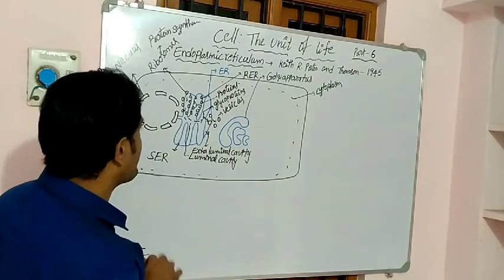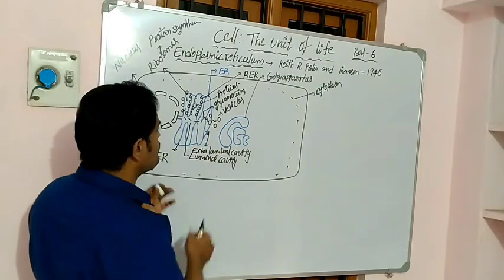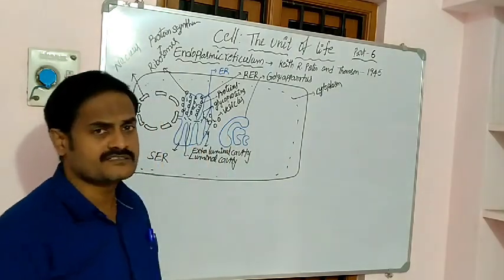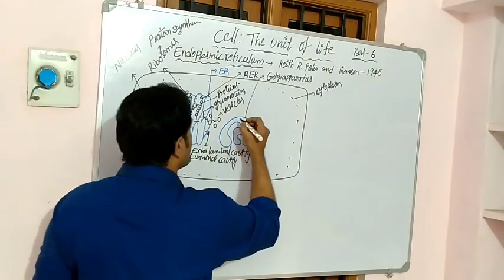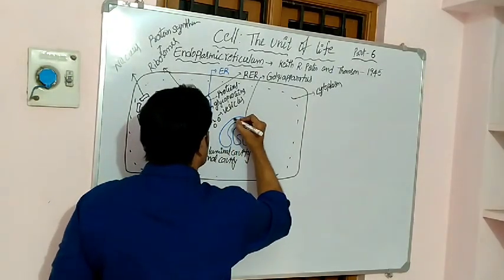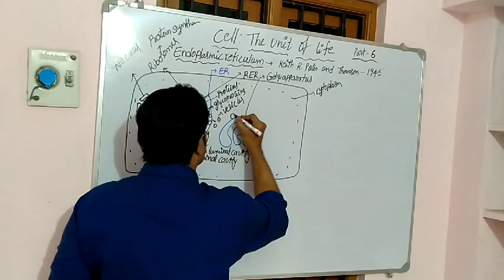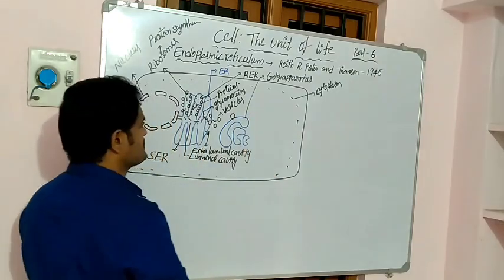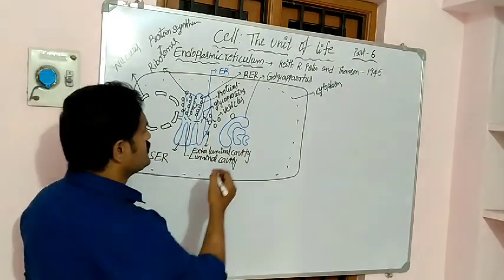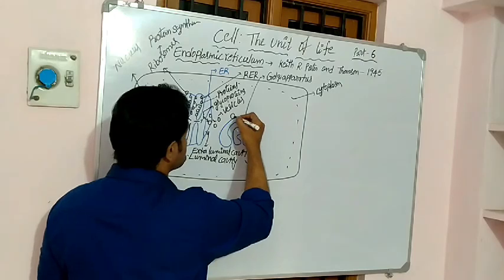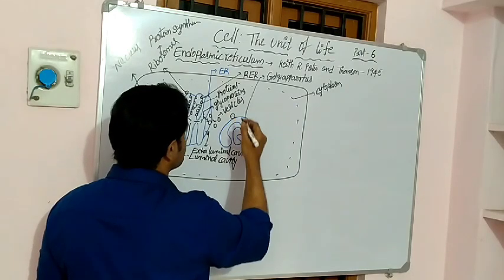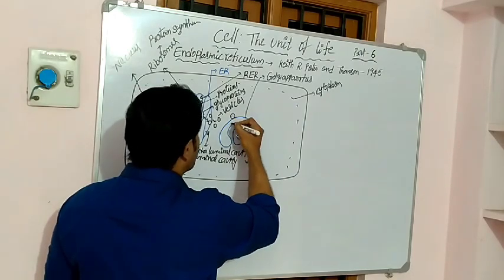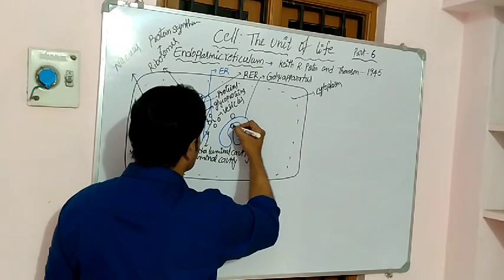See, these vesicles which are released from the endoplasmic reticulum attach to one part of the Golgi apparatus, and they enter into the inside of the Golgi complex.